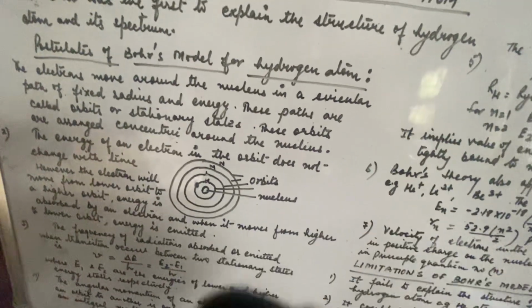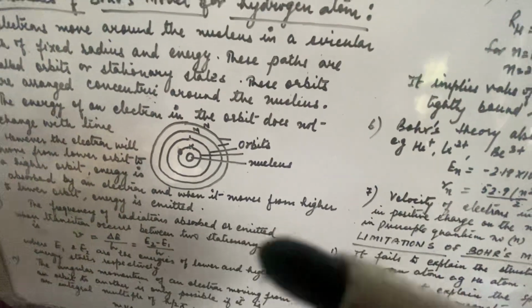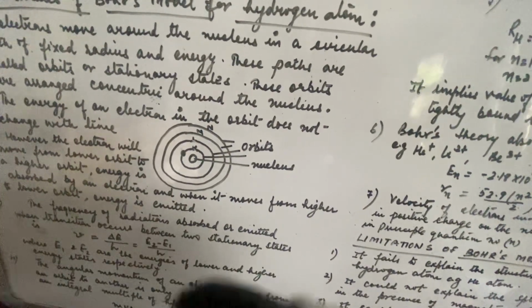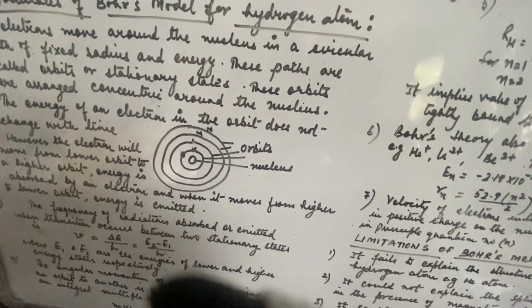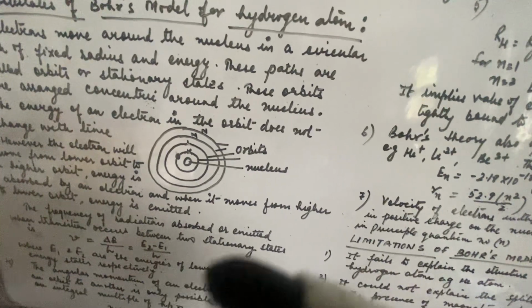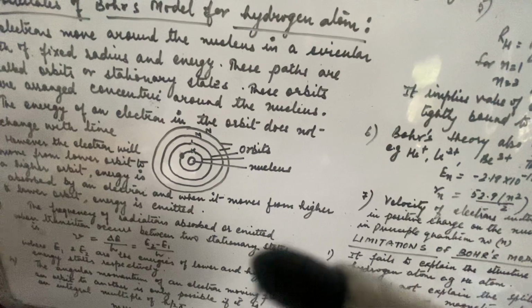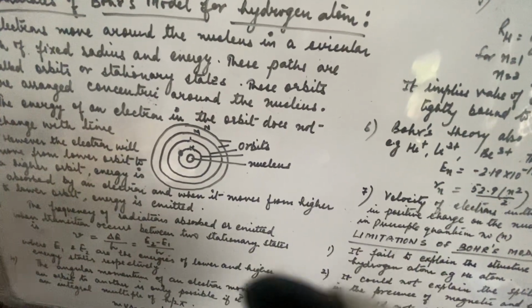And then third point he gave, the frequency of radiation absorbed or emitted is given by this formula. Nu is equal to delta E by h is equal to E2 minus E1 by h, where E2 and E1 are the energy states of orbits 2 and 1.